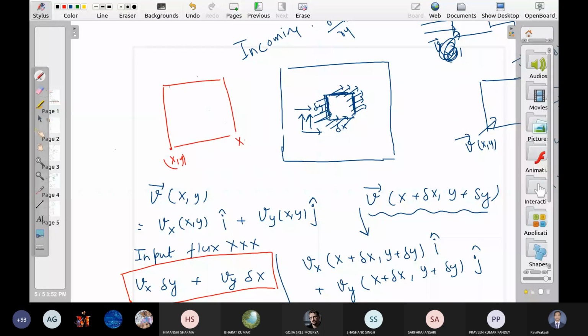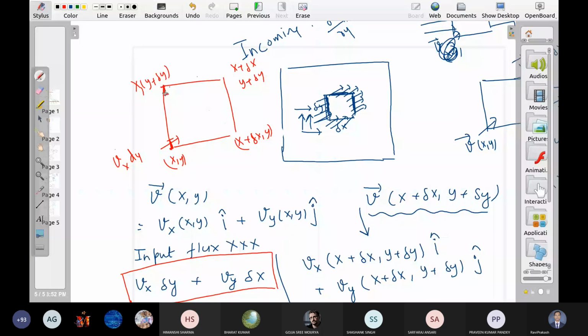This is x, y plus delta y. And this is obviously x plus delta x and y plus delta y. In this small area here, the input flux is Vx dy.